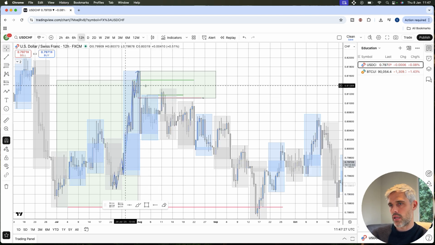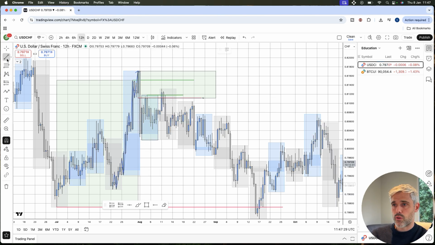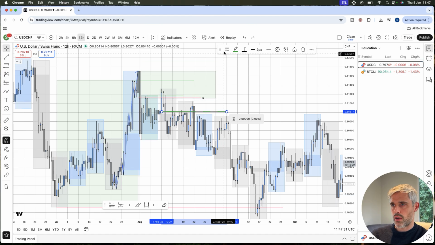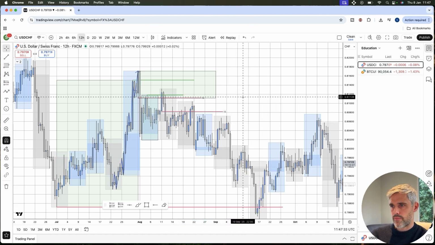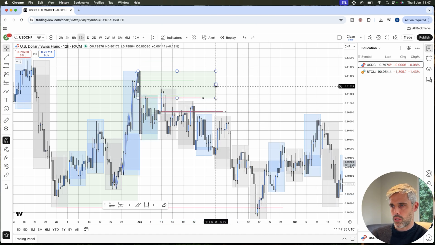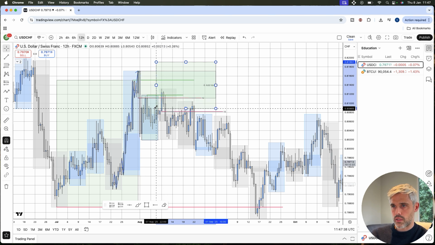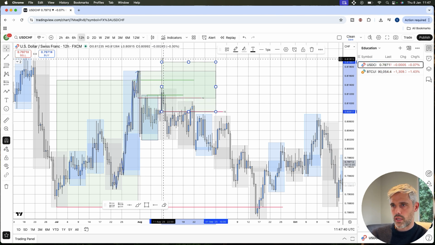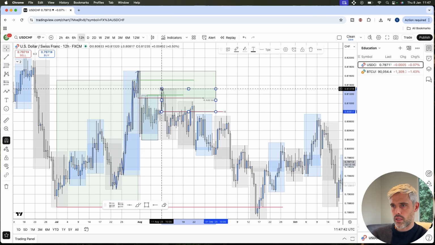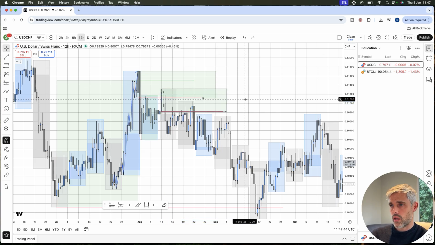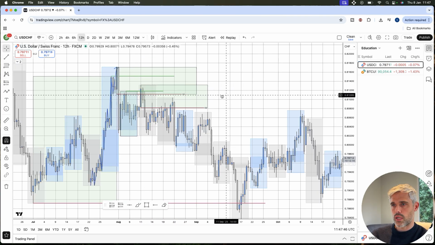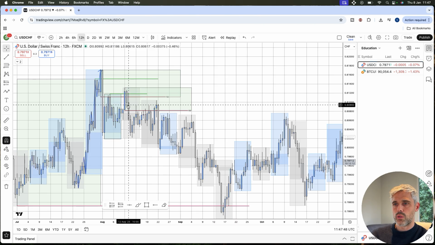We have the monthly candle's context, and we create a new 12-hour order block. So now we have a new order block, and I'm just going to mark this again so that it is extremely clear. Take your time over this because it's important if you want to incorporate order blocks into your trading strategy.